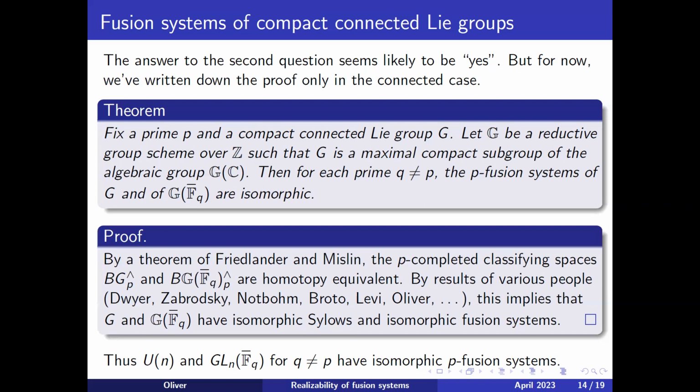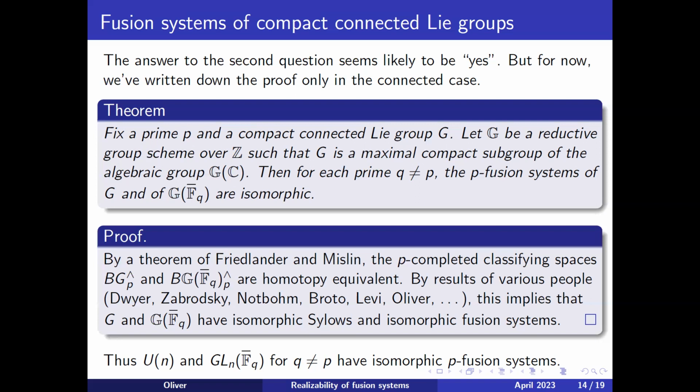Well, let me just write down the, I mean, many of you have probably seen that every compact Lie group, or let's say connected to simplify it, is a maximal compact subgroup of some complex algebraic group.